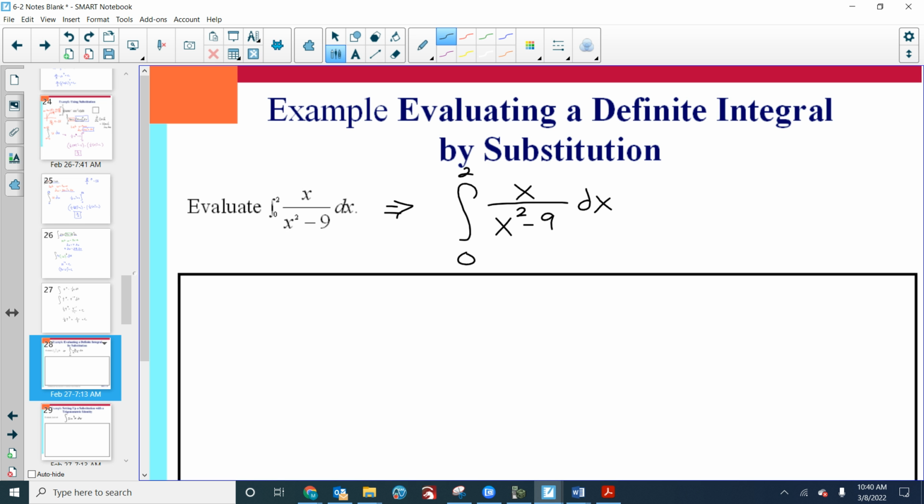If you're stuck, we did one just like it yesterday. Might have been an x squared plus 4 or something like that in the denominator.